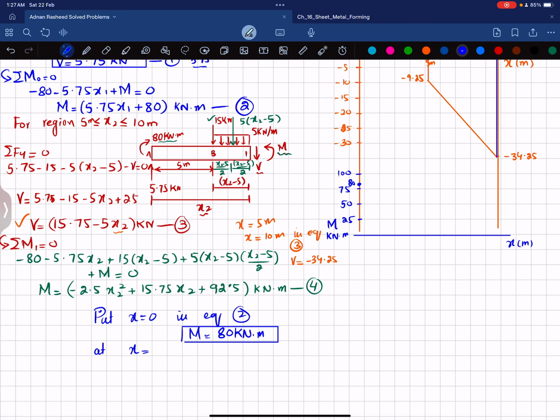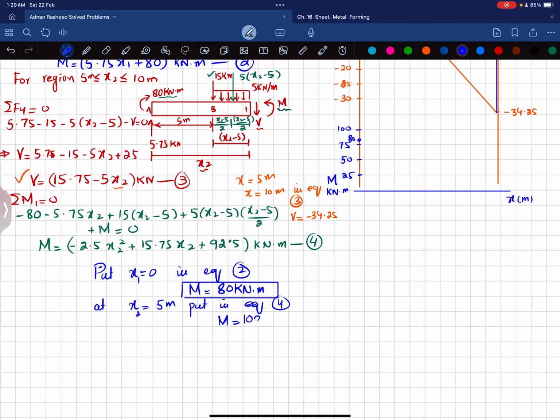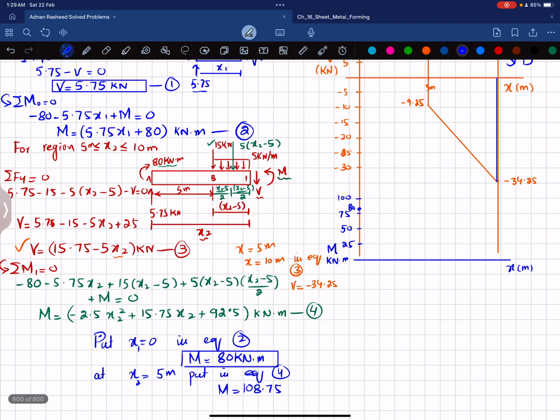x1, sorry, x2, this is x1. Okay, so when x2 is equal to 5 meters, put in equation number 4, you will get moment is equal to 108.75, which will be this one at the mid.